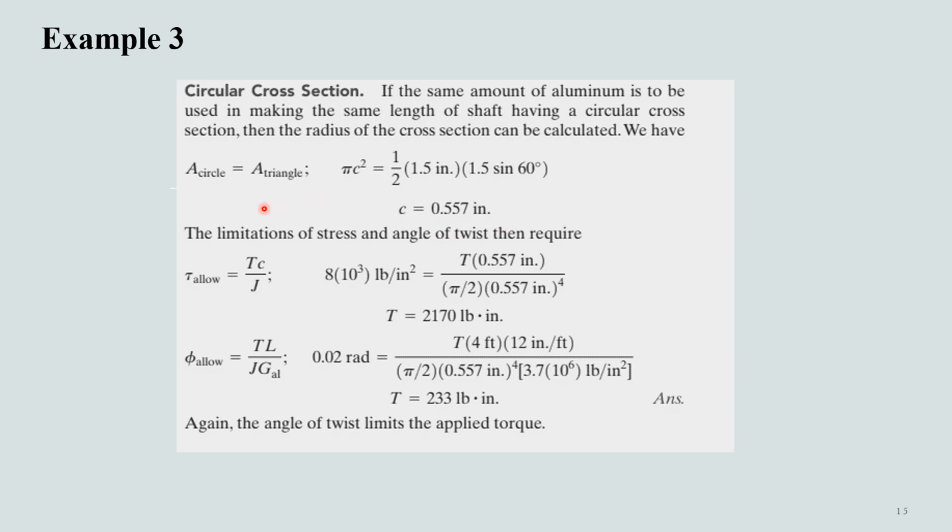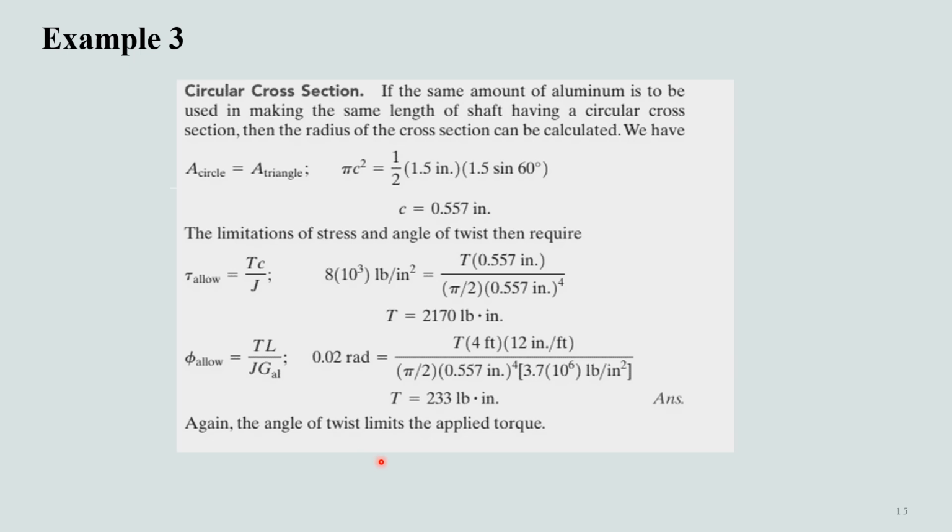Thus, from this equation, we have determined the radius, or actually the diameter, for that shaft. The limitations of stress and angle of twist then require that, again, the allowable shear stress is based on the material, and from the equations for the maximum shear stress that can occur on a shaft with circular cross section, we have determined the value for the torque, and similarly for the angle of twist.